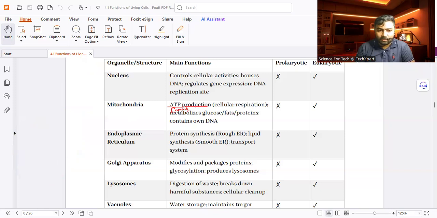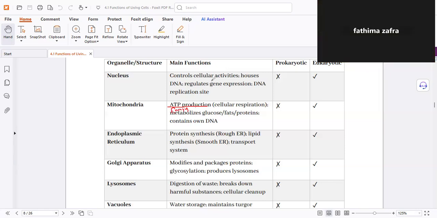Just write energy production under this one. Energy production. Okay. Yes, sir.